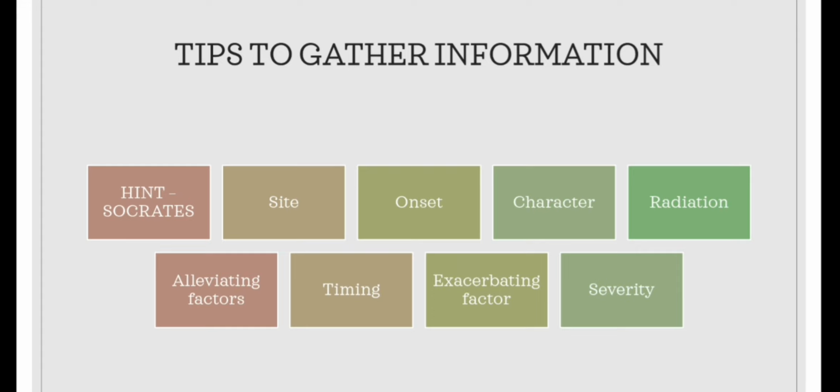Next one is severity. The best way to assess severity is to ask the patient whether the symptom interferes with normal activities or sleep. Severity can be graded from mild to very severe, like we grade in grading systems. First, a mild symptom can be ignored, while a moderate symptom cannot be ignored but doesn't interfere with daily activities.